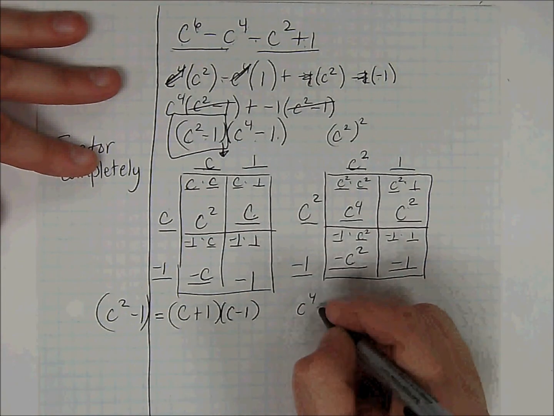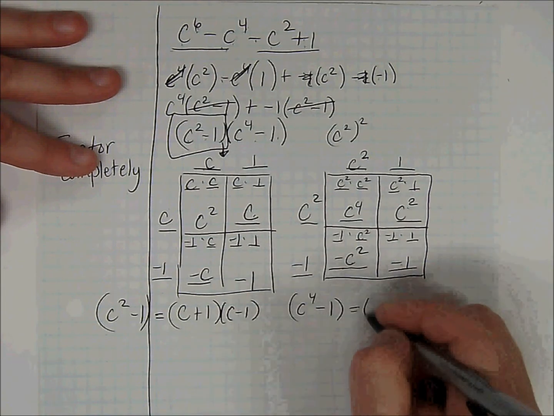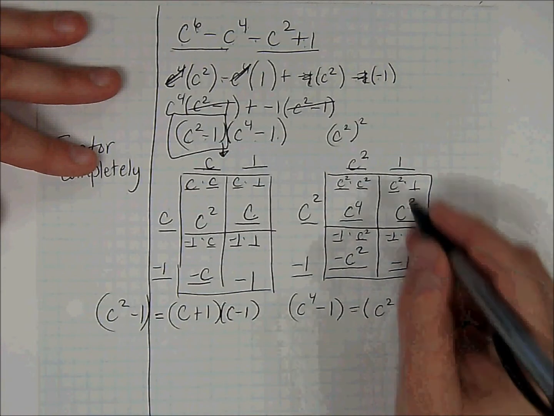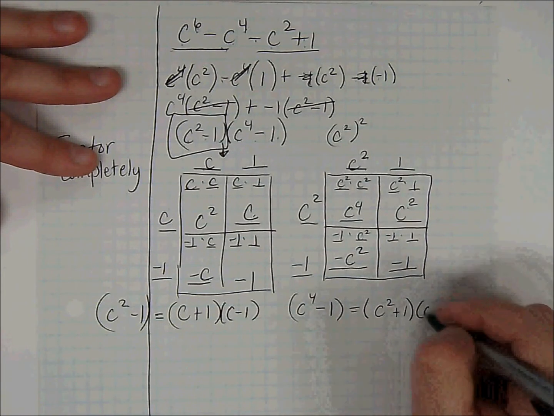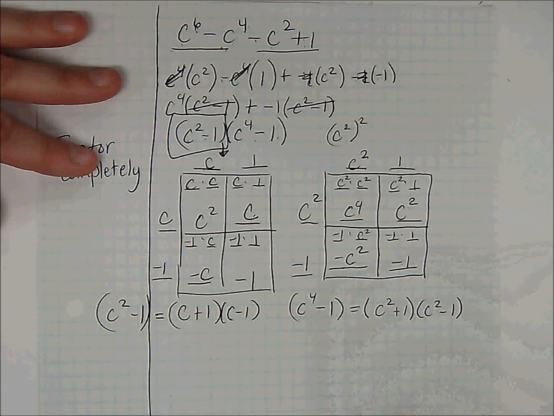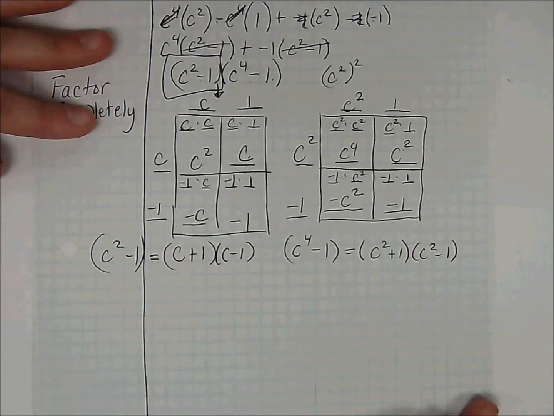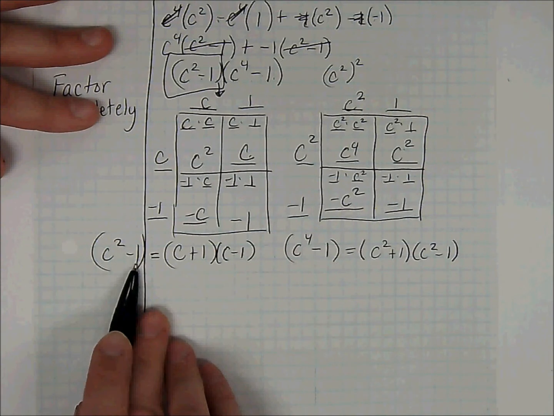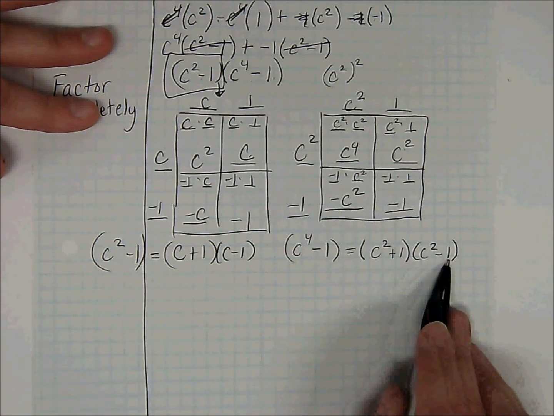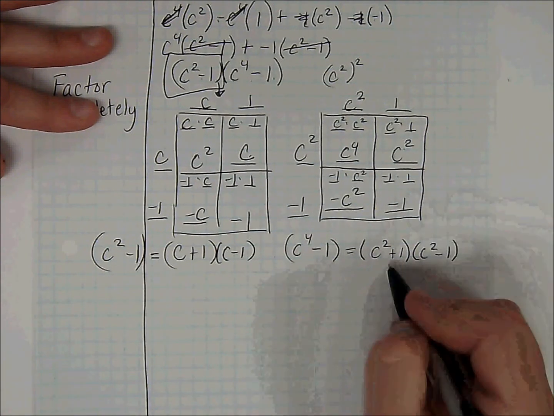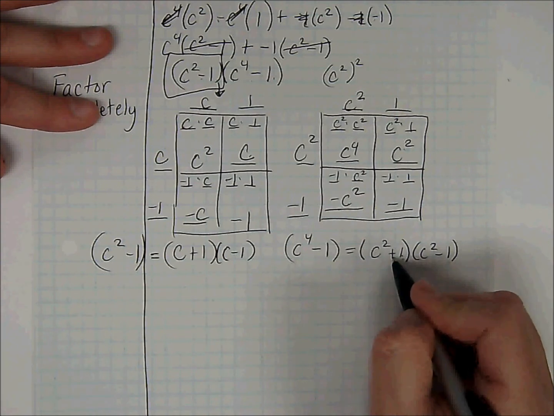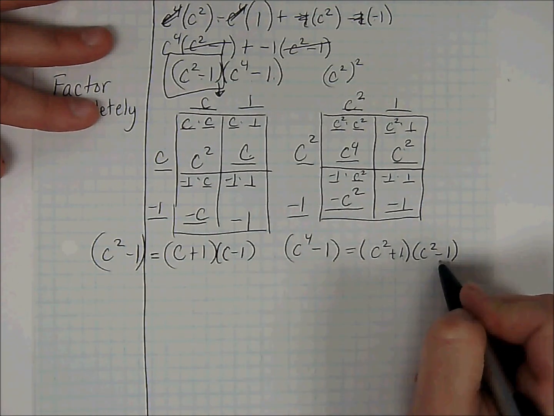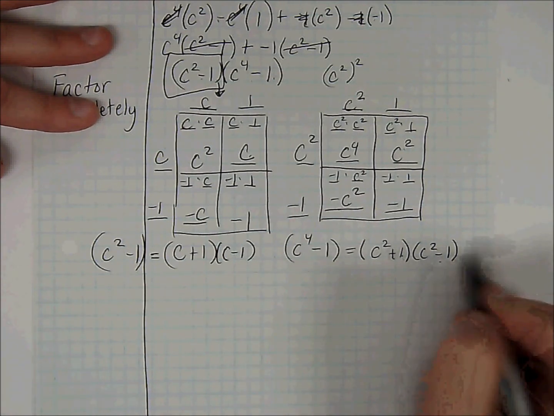So for c to the fourth minus 1, we get c squared plus a 1 and c squared minus a 1. Now look at what we've already done so far. This box represented c squared minus 1. I see over here, I can't do anything here because it's not a difference, but this is a difference of 2 squares.